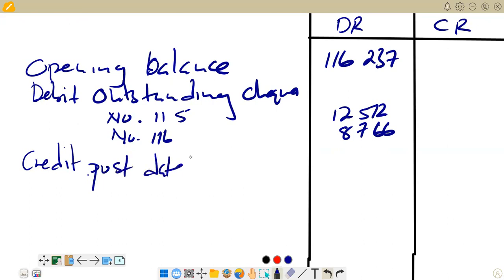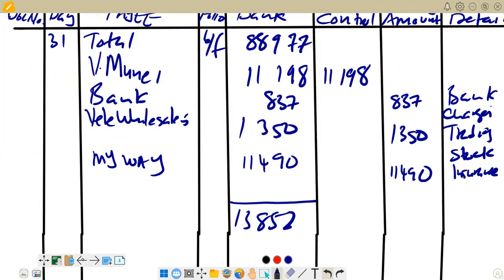Credit post dated check, which is 5,914. It comes on the credit side. And we can also check if we still have other entries that we need to enter in the bank reconciliation.